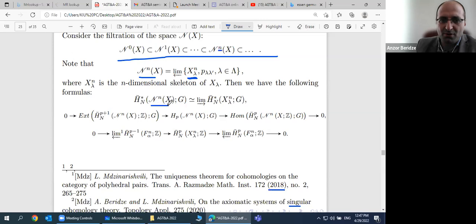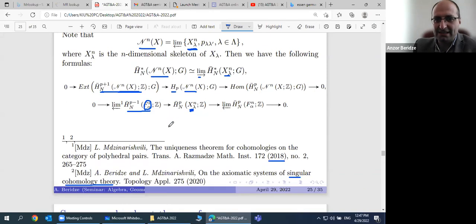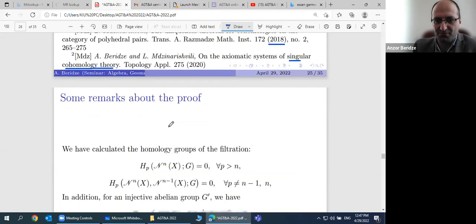I know the cohomology of the filtration, and the homology of this filtration is connected with the cohomology of this filtration. And this cohomology of this filtration is the limit of cohomology of polyhedral spaces. And the cohomology of these polyhedral spaces can be connected to the cohomology of compact polyhedral spaces. And for compact polyhedral spaces, we have the uniqueness theorem. And somehow it is possible to prove.